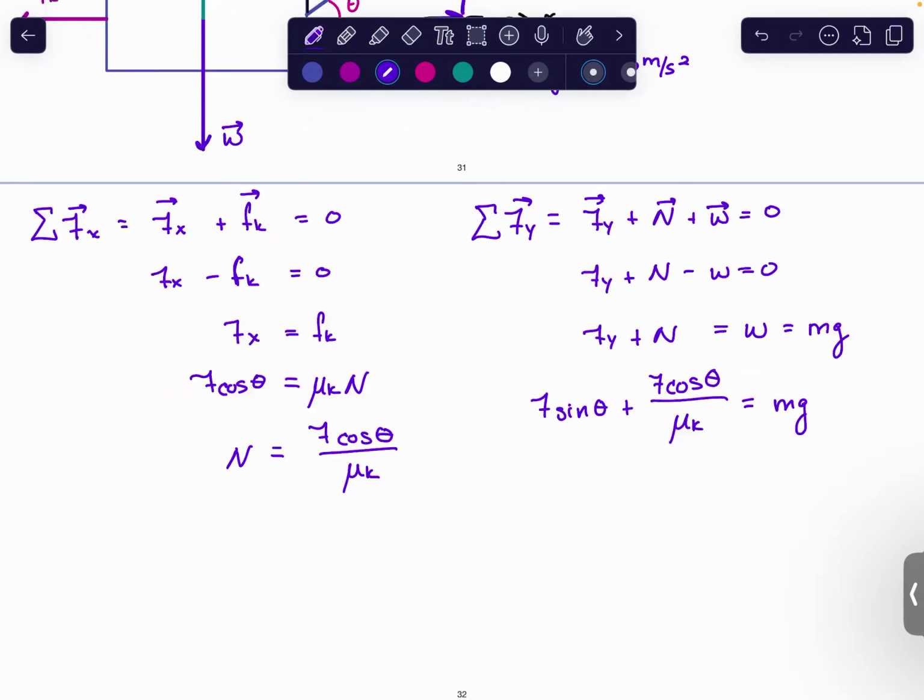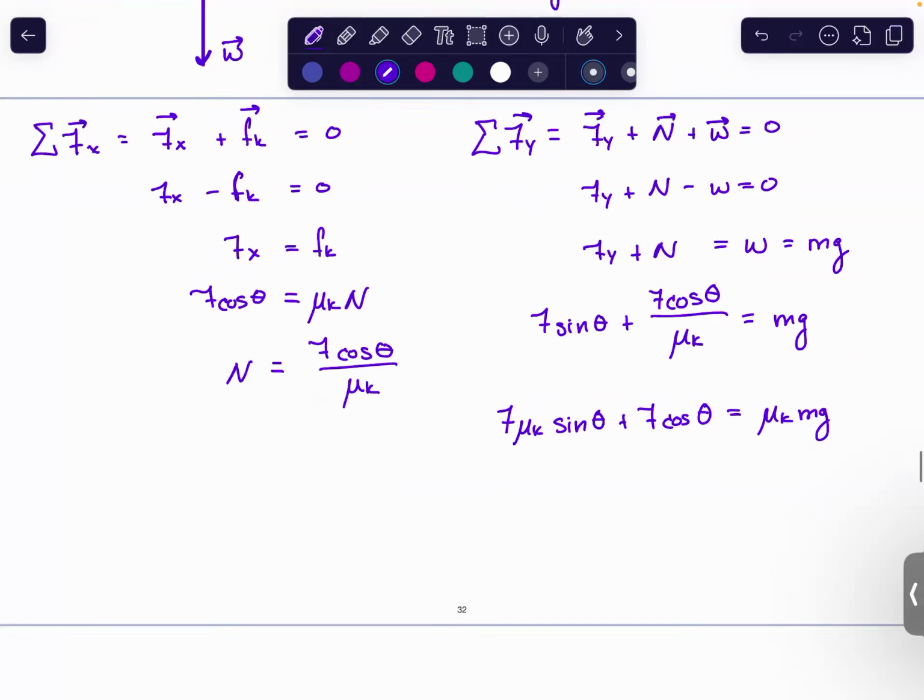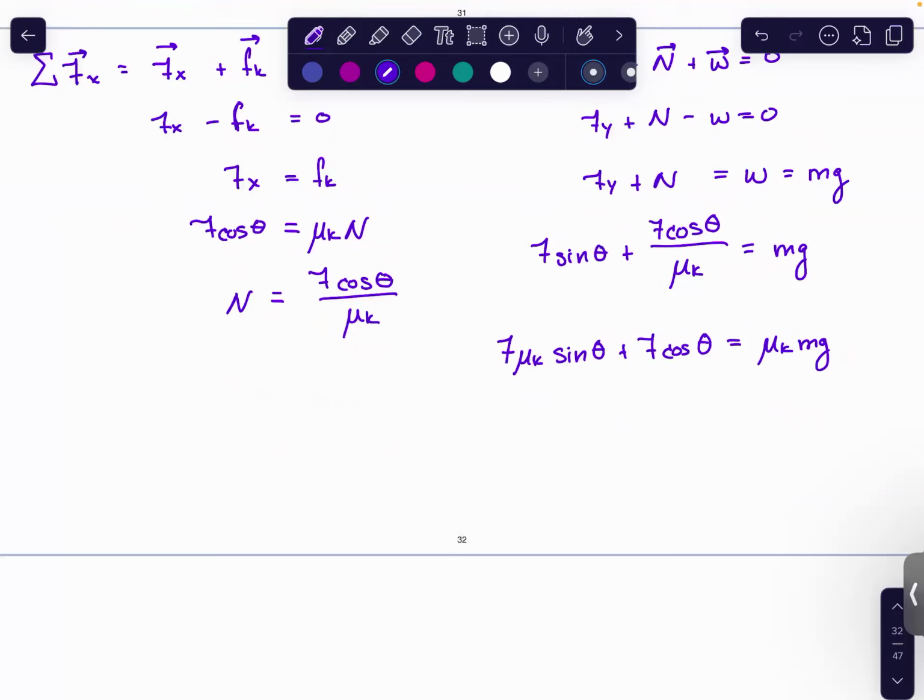You're going to multiply through by the coefficient of kinetic friction. We can factor out the force that we're trying to solve for.